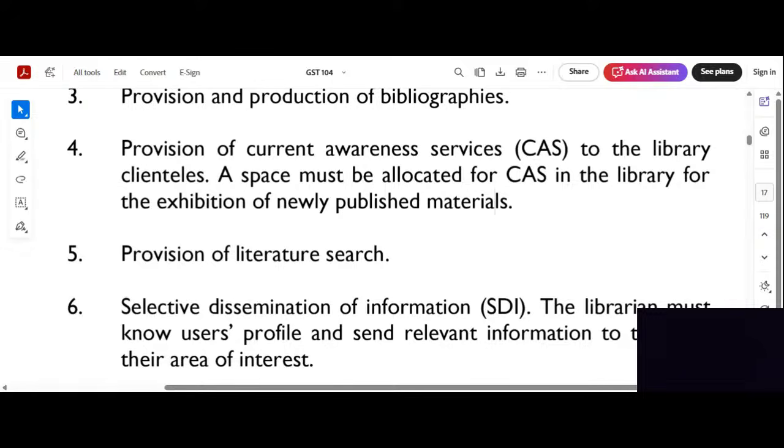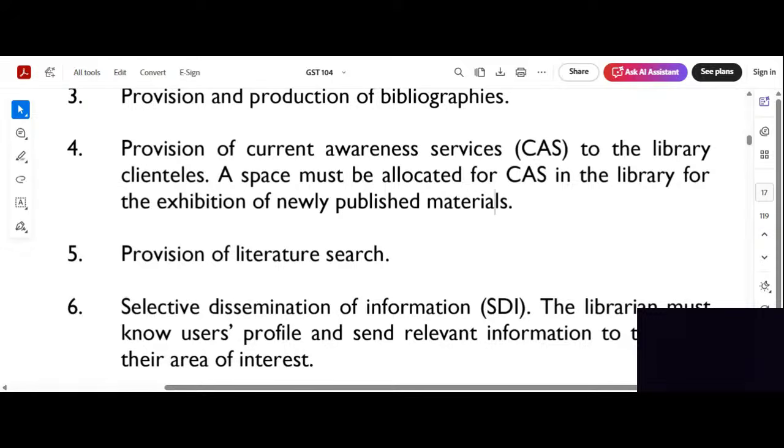Then you've been going to the special library from time to time to get resources and update your research. There is a part of that library called the current awareness service section or department.